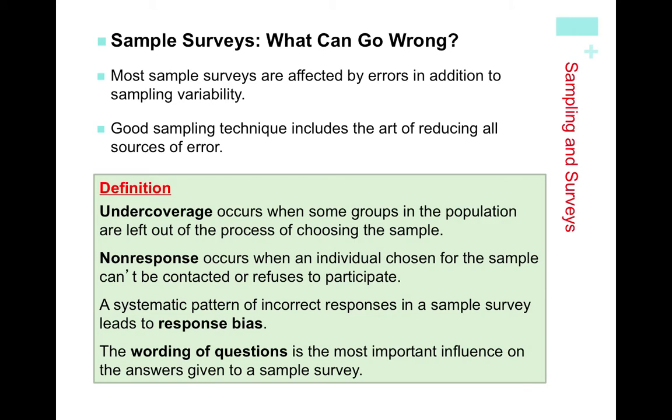But when the very same sample was asked whether illegal immigrants who have worked in the United States for 2 years should be given the chance to keep their jobs and eventually apply for legal status, now 62% said that they should. So different questions give quite different impressions of attitudes towards illegal immigrants. So the way that you say it, and also the order in which you say it, can have a lot of effect on how people answer.